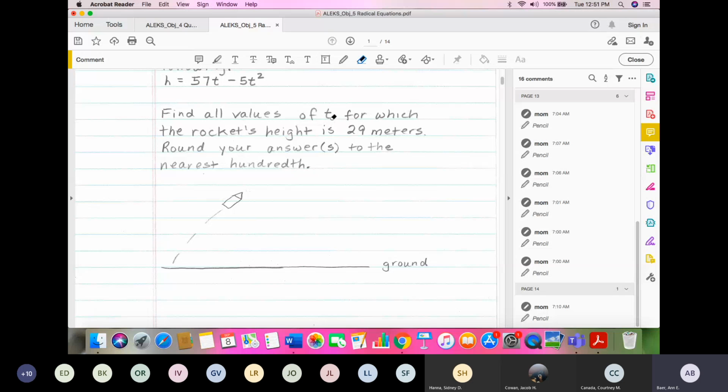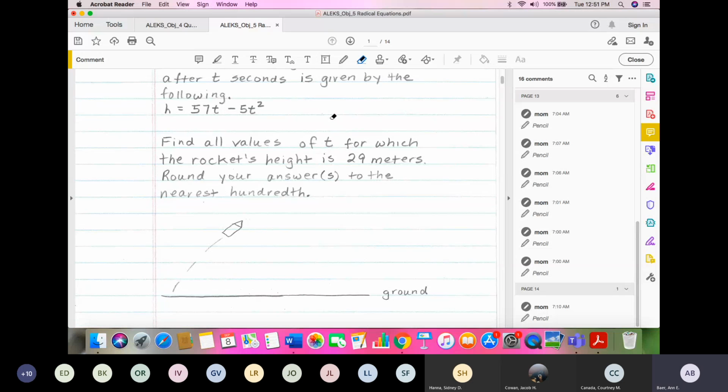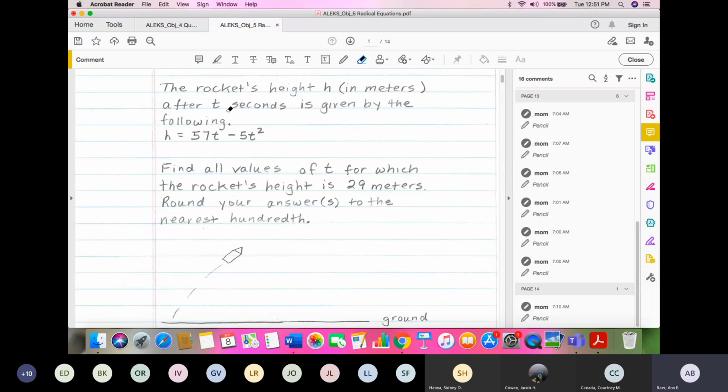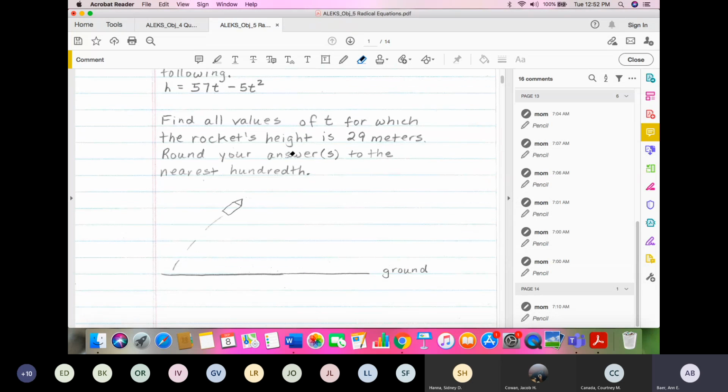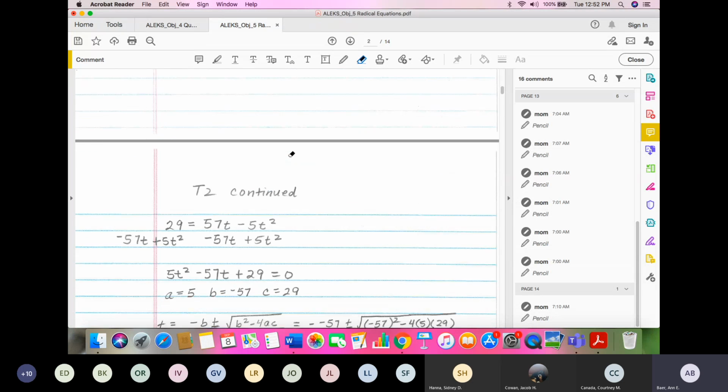What is t in this problem? T is in seconds, so it's a time. So we only can talk about positive seconds. It wouldn't make sense in this problem to even talk about 0 seconds, let alone negative seconds. So keep that in mind. We're looking for positive seconds.